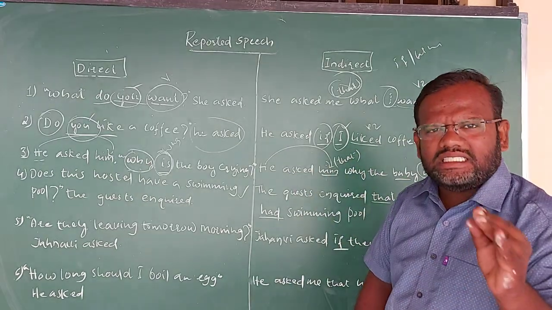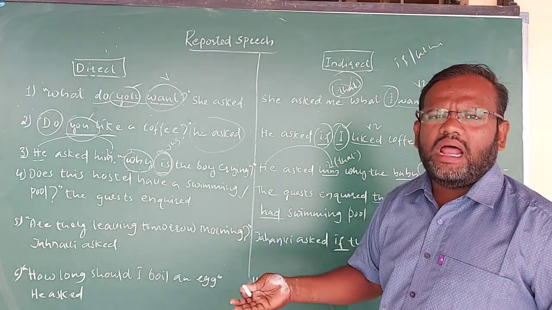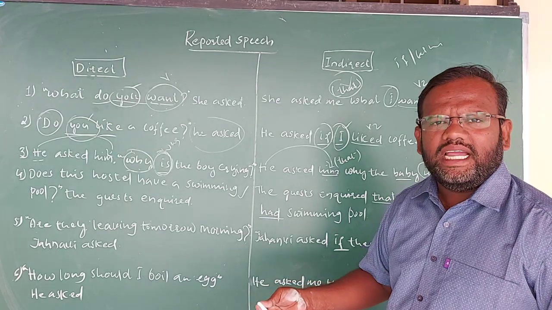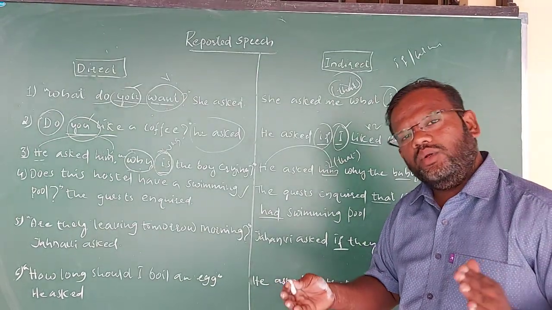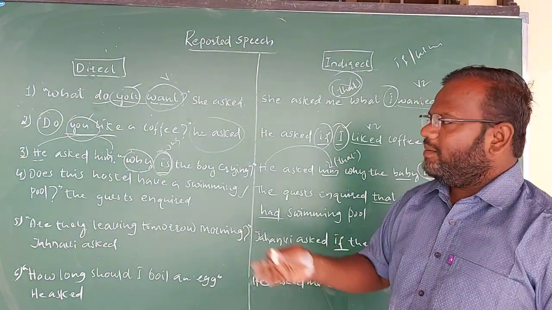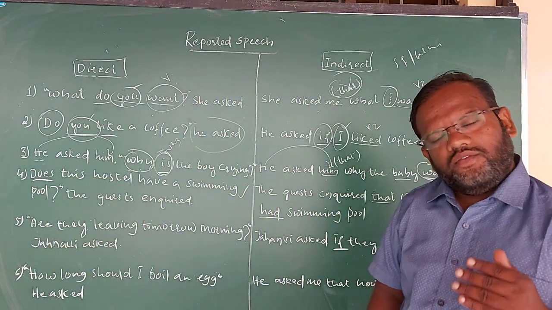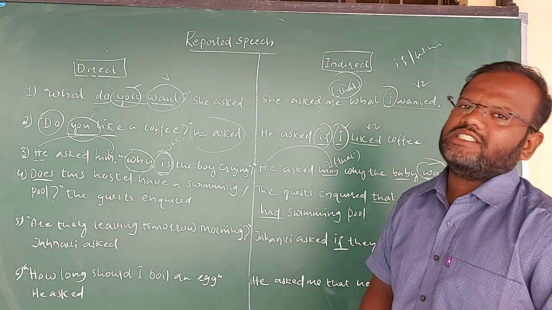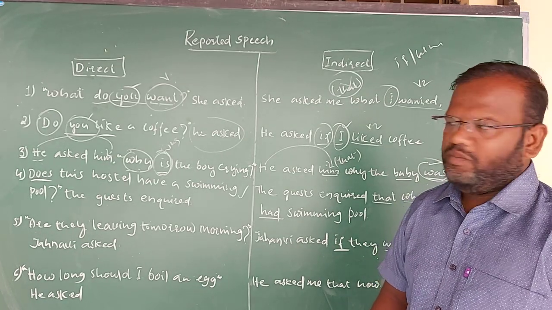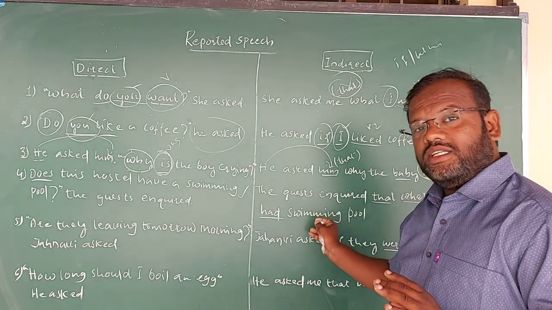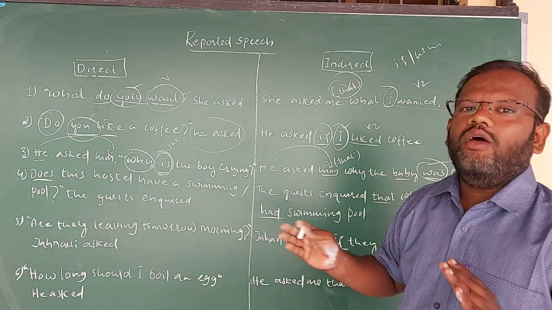If somebody is asking you, what will be your answer? Obviously we may say yes or no, because it has started with the helping verb. So therefore we can find out it is a yes or no type of question, right? For yes or no type questions, what we have to use is if or whether.